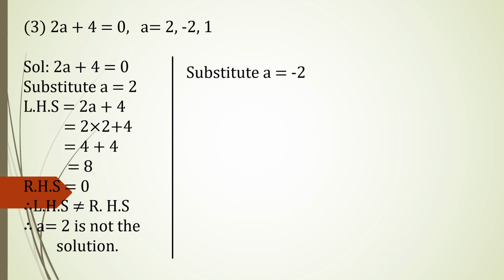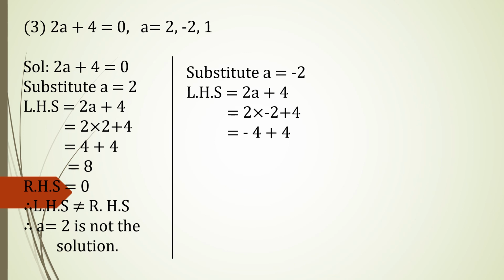Now we'll substitute a equal to minus 2. Let's take our equation, left hand side equal to 2a plus 4. We'll substitute minus 2 in place of a. So it will become 2 into minus 2 plus 4. Now 2 into minus 2 gives minus 4. Okay, and plus 4 we'll write as it is.